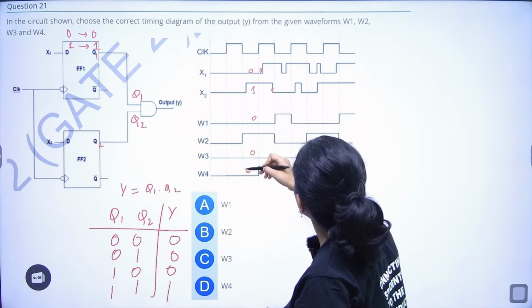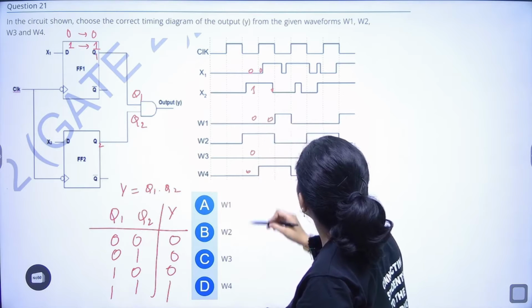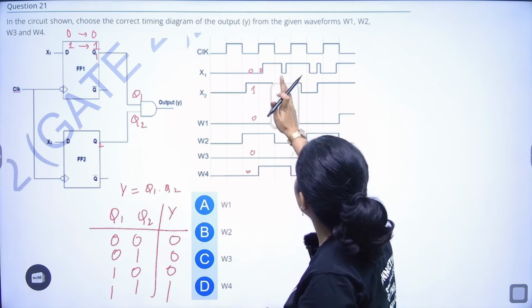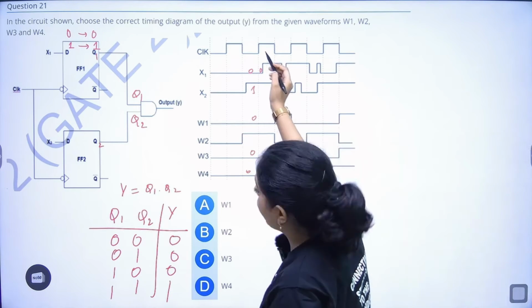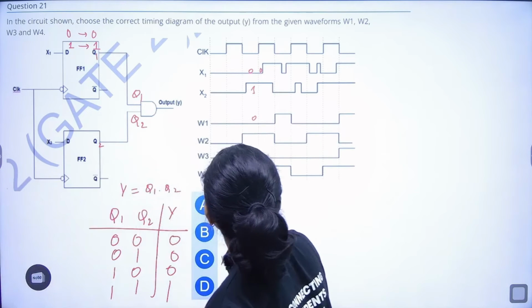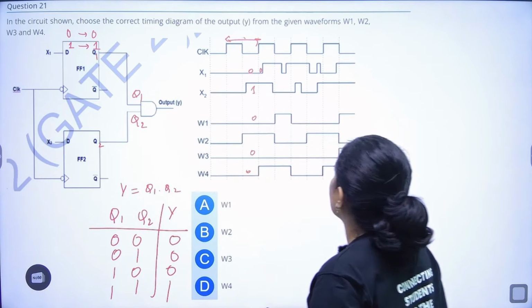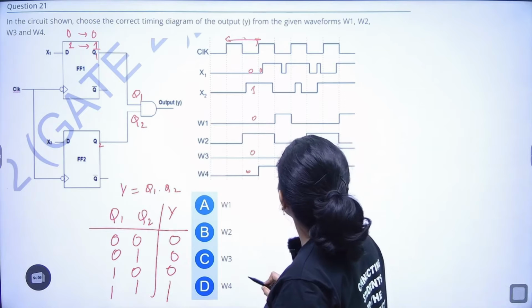It is also 0 at some point, so it should be 0. It means it should be 1 for the complete clock. This is the clock. It should be 1 for a complete clock cycle. So no such thing is given.